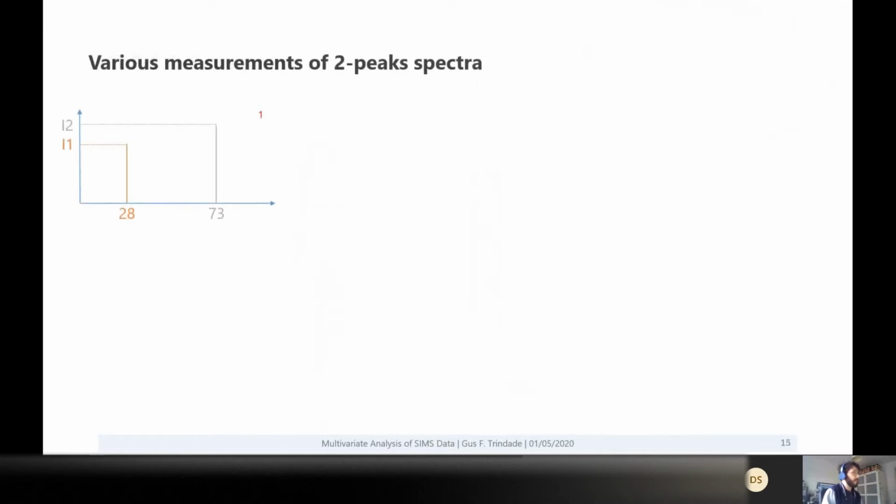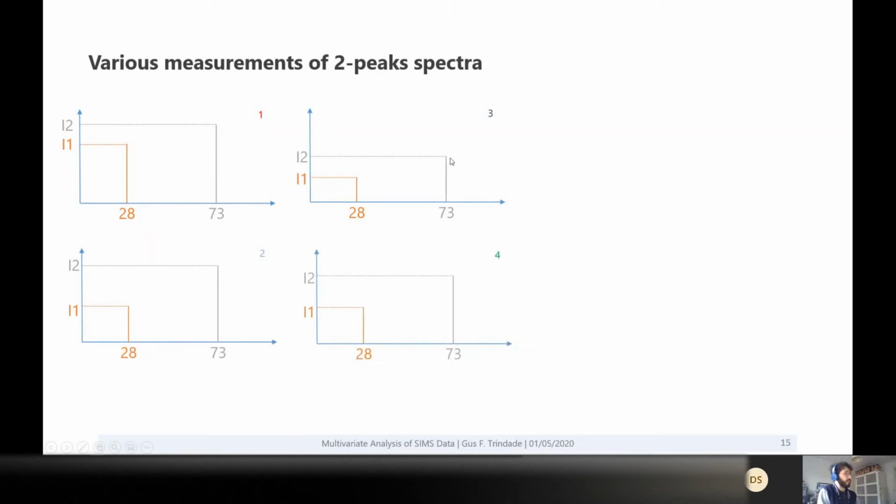And then we take various measurements of these two-peak spectra. So measurement number 1, the intensity for the peak at 28 will be I1, and for the peak at 72 will be I2. And then you go on to the second measurement, and these intensities will vary, and you keep going, right?